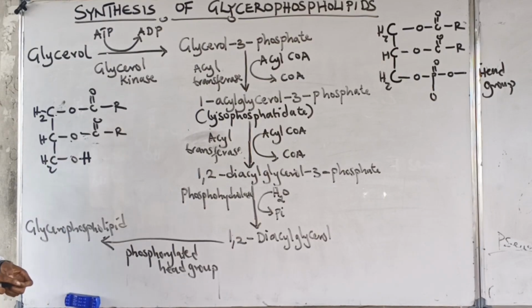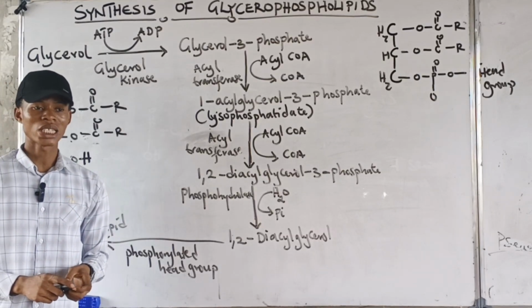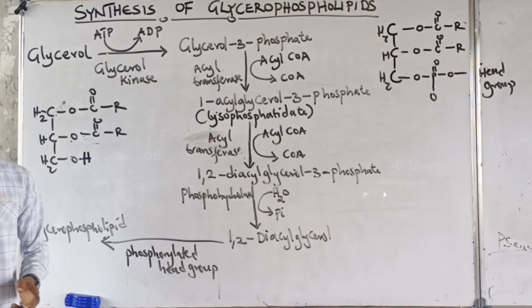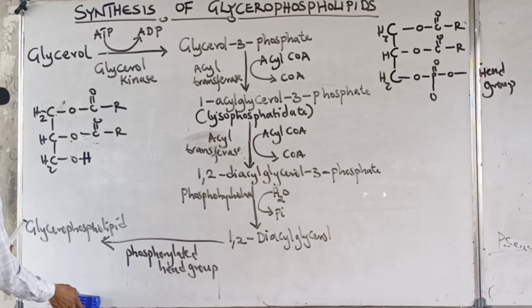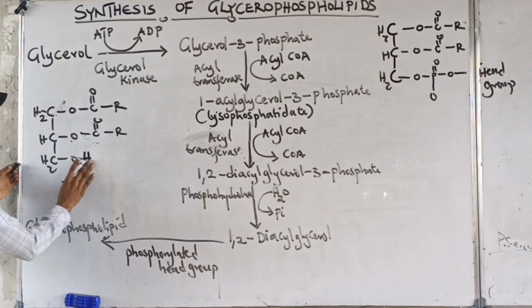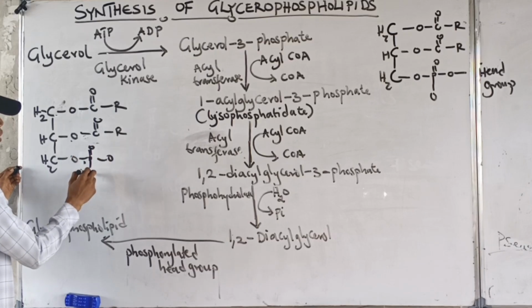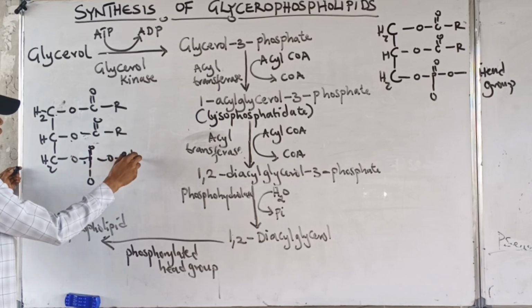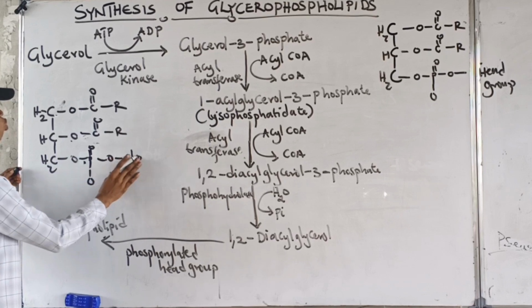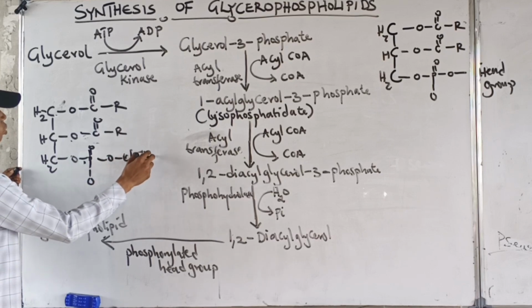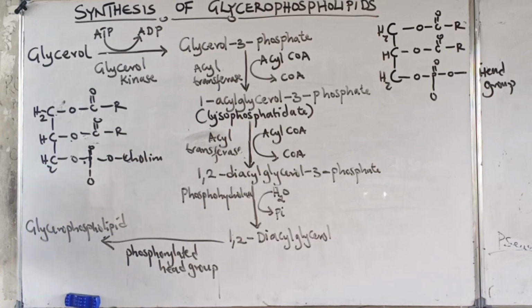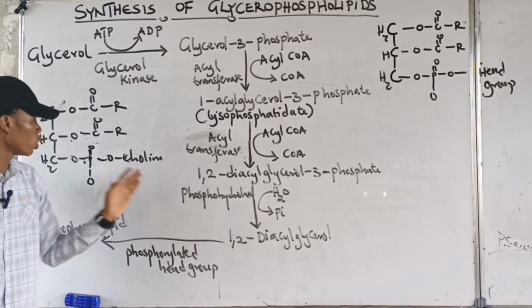If we want to synthesize phosphatidylcholine, you know that the phosphate will be here and choline will be attached, right? Choline will be attached. Now, for now, we've removed this phosphate group.